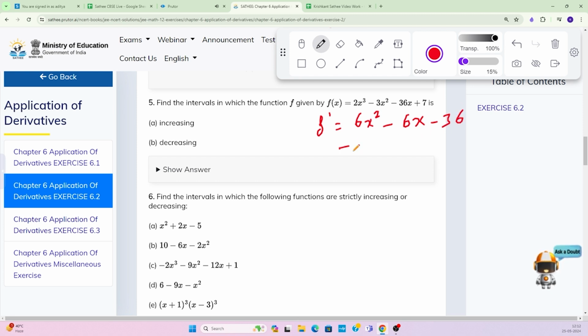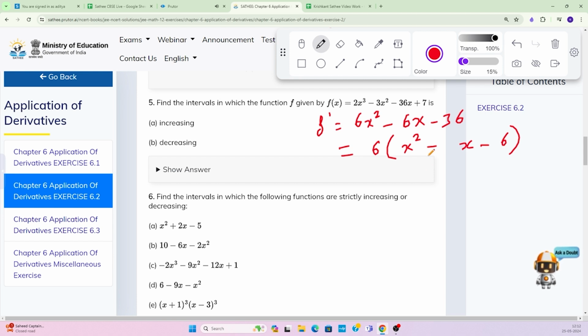Now take 6 common. You will have 6 common, and now x square minus x minus 6.